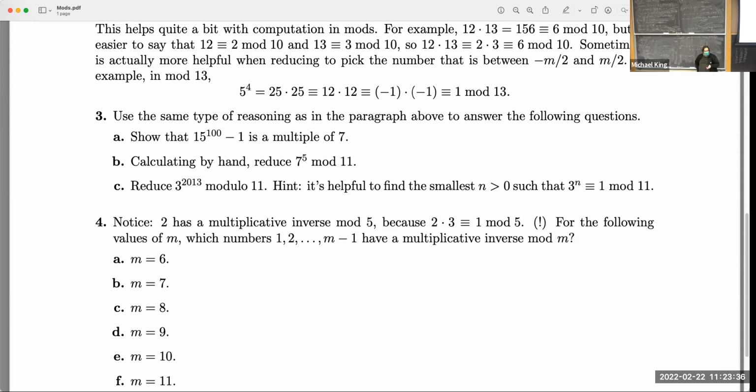And the remainder is 5. So this is 44 plus 5. And honestly, when you see multiples of 11, you can almost just replace those by 0, because if you take the remainder when you divide by 11, anything that's a multiple of 11 will be 0. So another way to think about mods is, anytime you see an 11, you just make it go away, make it 0. So that's 5 mod 11, right?